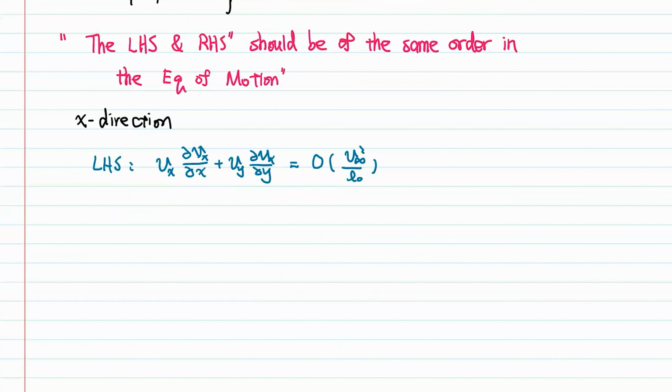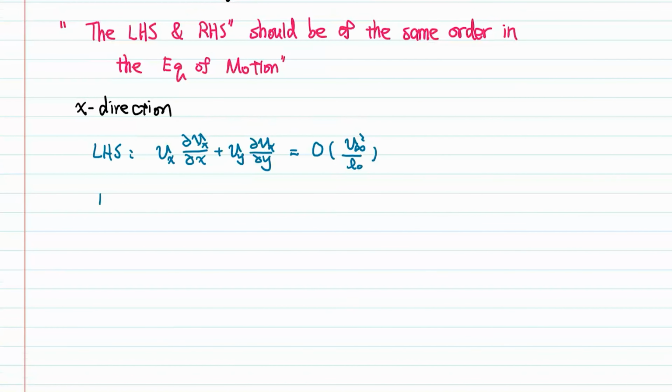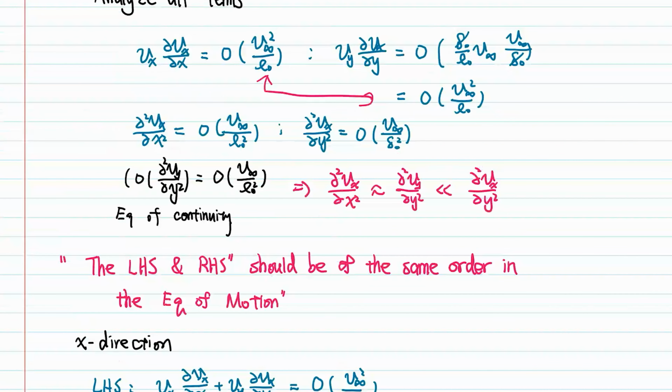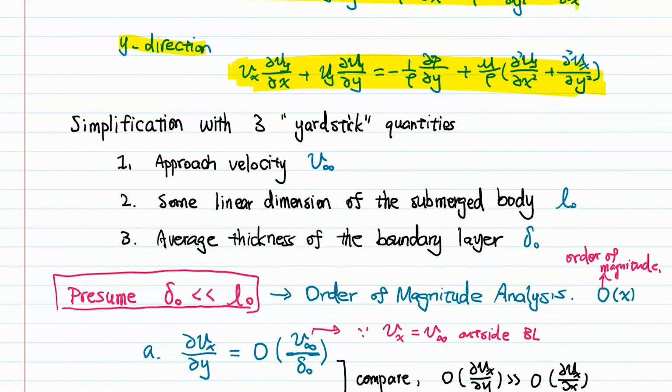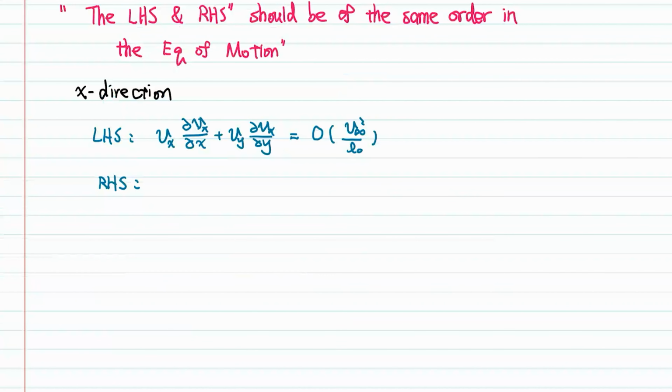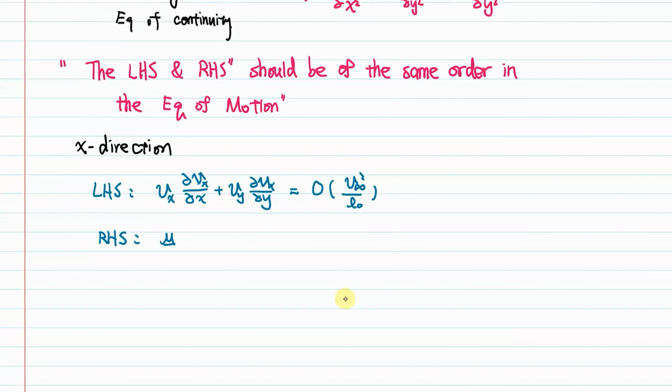And let's look at the right-hand side. We now have the order of what? We have the pressure term, but let's look at the viscous term first. The viscous term is right here: mu over rho times partial square Vx partial y square plus partial square Vy partial x square.